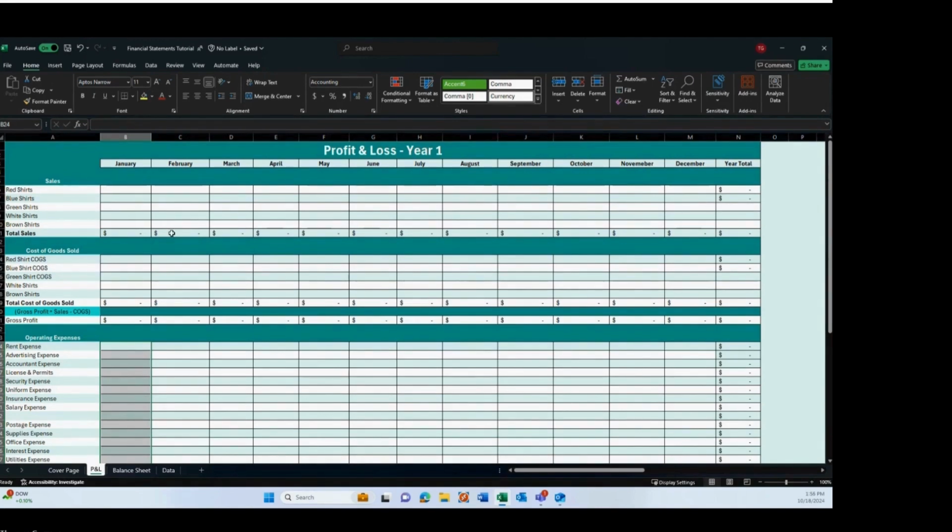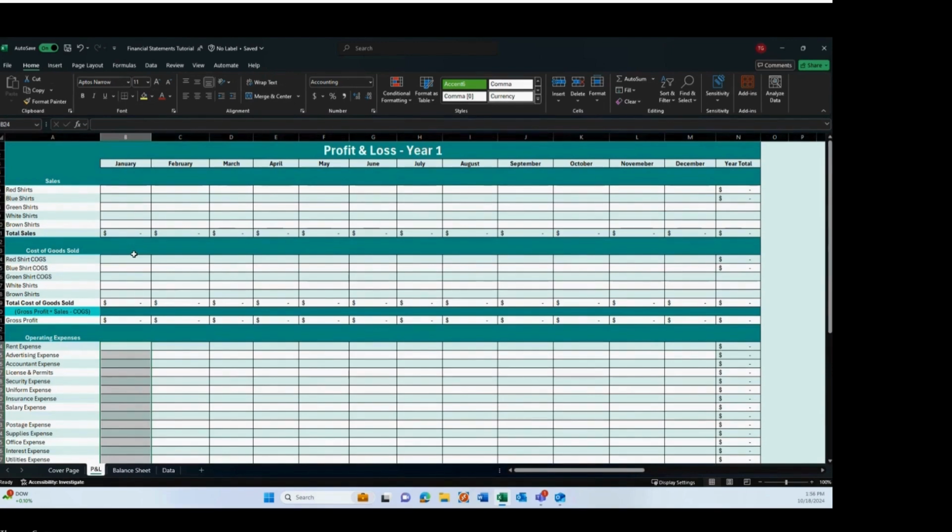Under sales, we have what's called cost of goods sold, or COGS. Cost of goods sold is simply what it costs you to attain the product that you are selling. So in our example here, we are looking at a company that sells t-shirts.